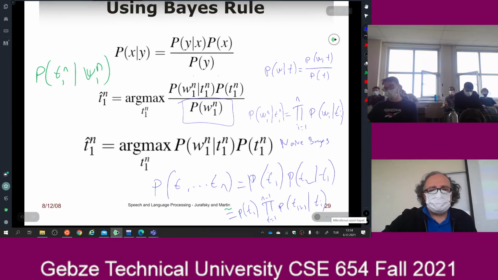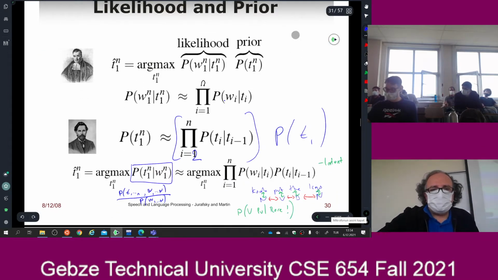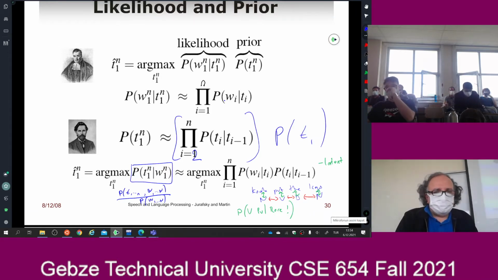So what we are doing is this Markov approximation, and we are saying that a tag depends only on the previous tag, ignoring the others, and that's one approximation. These are the transition probabilities. The other one is that my observation depends only on the current tag, not the previous observations.